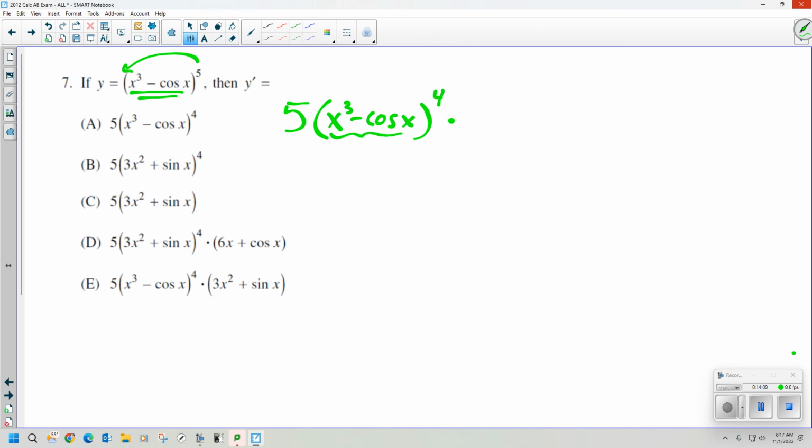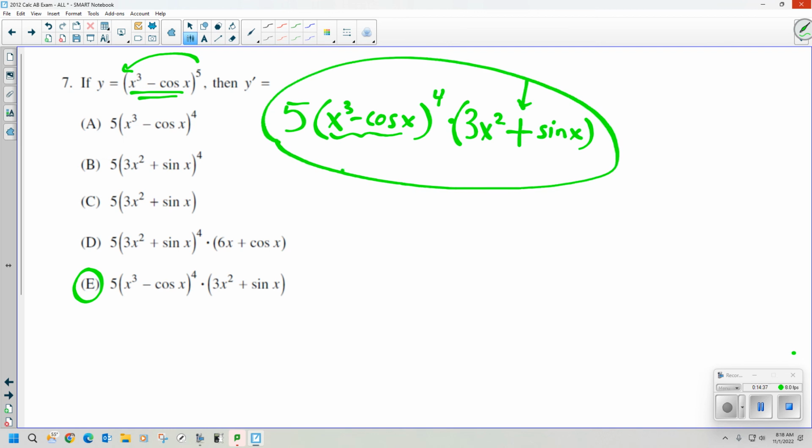Okay, the derivative of x cubed is 3x squared minus the derivative of cosine of x, which is negative sine of x. When I subtract a negative, it turns to a positive. Okay? So I should have something that looks a little bit like that. And if I did that right, which I did, choice E. There you go. Nice. Okay, yeah, got to know the chain rule.